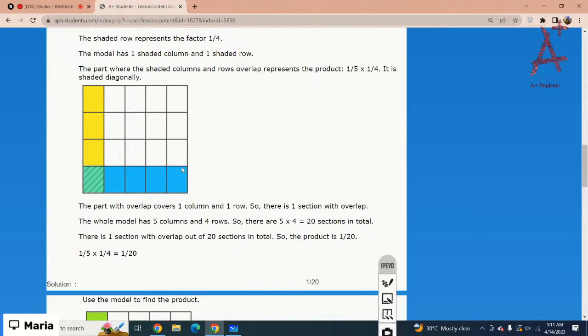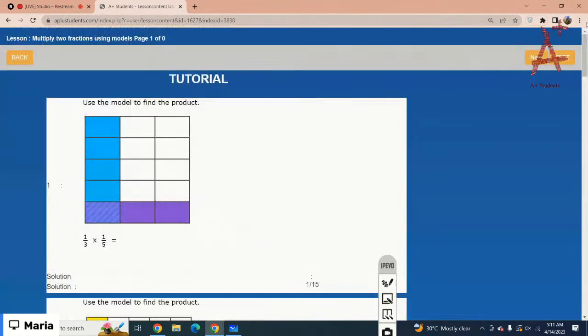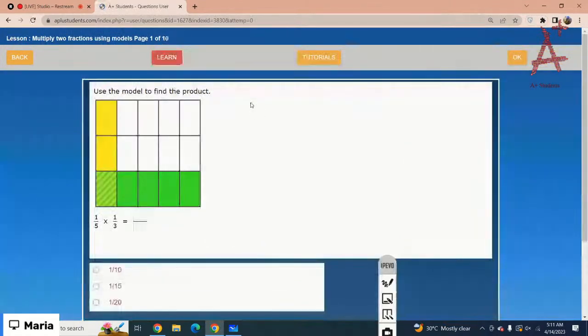Got it? Let's just start with the practice questions. Okay. Use the model to find the product. You are given the model. You just have to find the product. Which is the correct option?